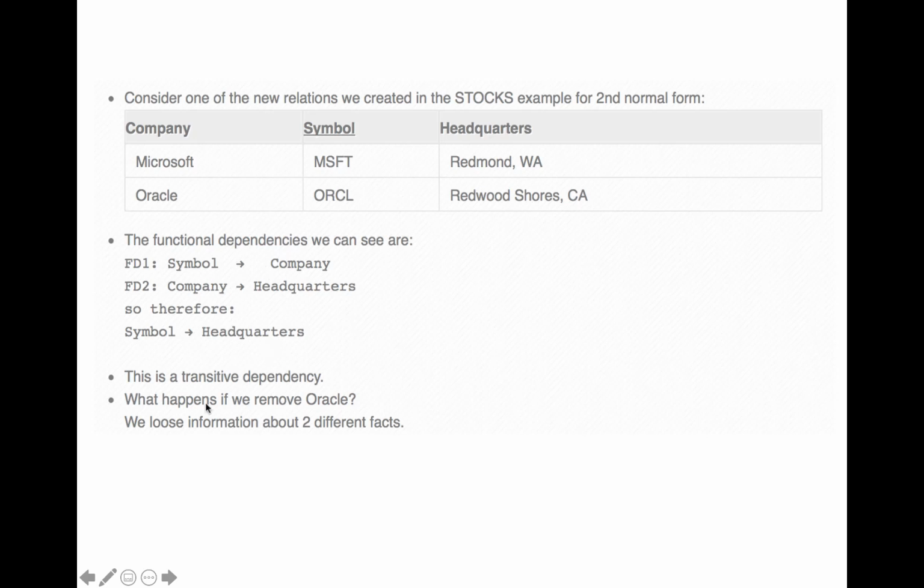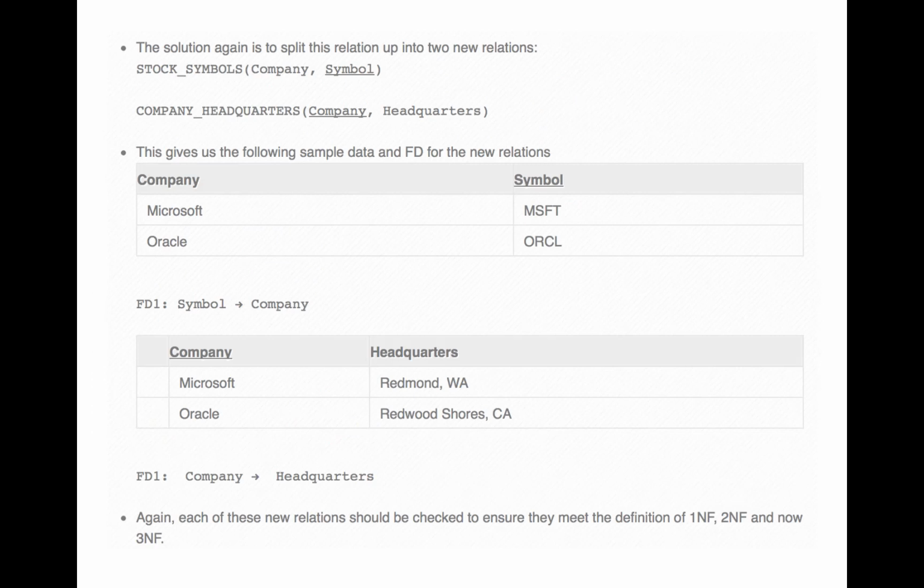So why is it important to remove such a dependency? Because as we see, what happens if we remove Oracle? There are two different facts that are going to be removed with it, so we have to keep two different facts. To do that, we divide the table into two tables: company symbol and company headquarters. Now if I remove Oracle, I still have that Oracle's headquarters is in Redwood Shores, for example.